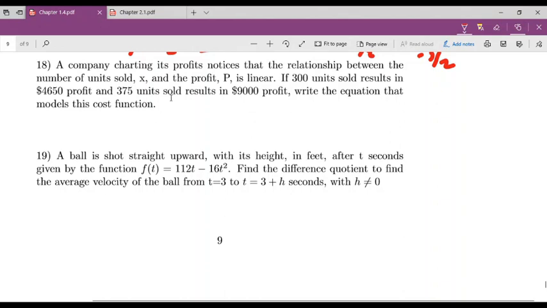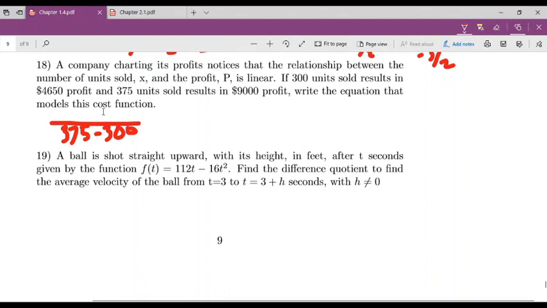Okay, so what we're going to do, 300 units, 375, we're going to do 375 first. That's going to be our x1. So we'll do 375 minus 300. Those are your x's.